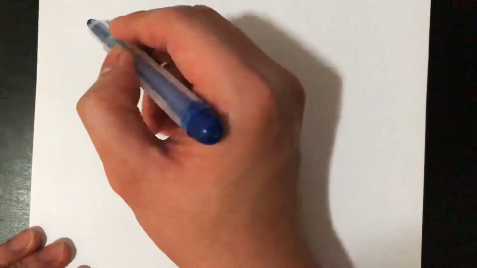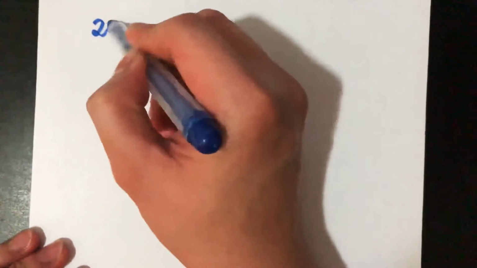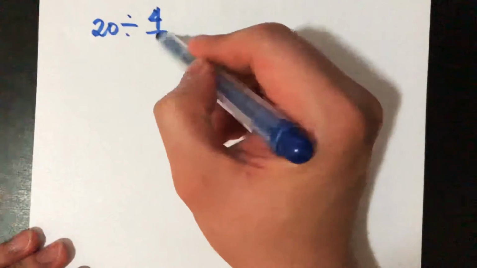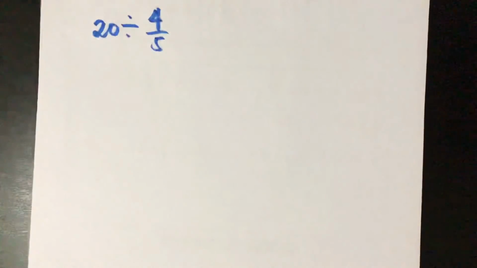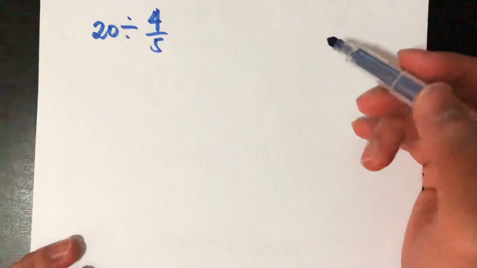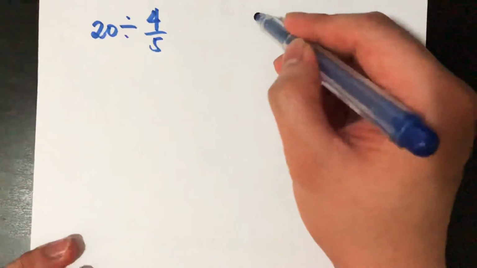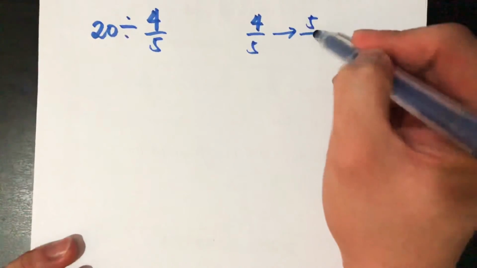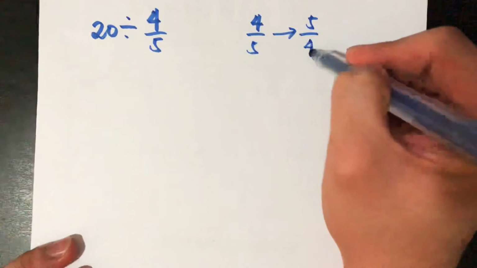So we have now 20 divided by 4/5. The step here again is to get the reciprocal of 4/5, which is 5 over 4.